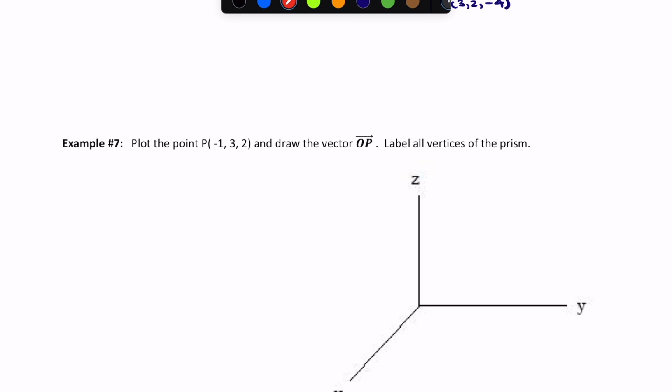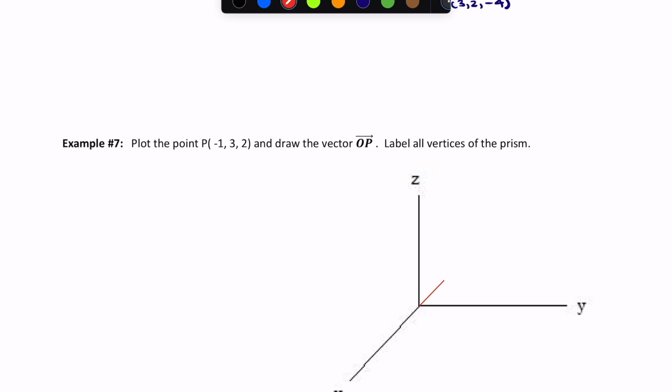And here, example 7 says plot the point P equal to -1, 3, and 2. And again, it says to draw the vector OP here as well. Okay, and so here, if we plot this point, -1, 3, and 2, it moves -1 on the x.